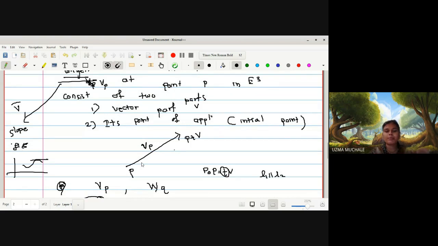You can take any arbitrary direction, but suppose I have given you VP, so V and P both are given, then everyone will have the same tangent vector. But if I have given you only the point of application P, and haven't provided the vector part, everyone will select a different vector part. Right?